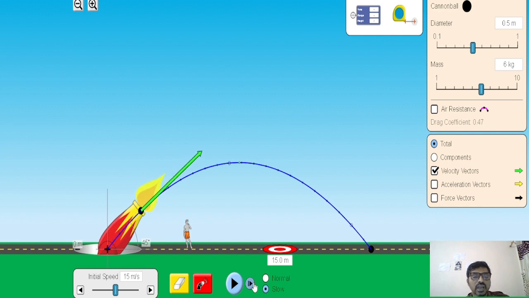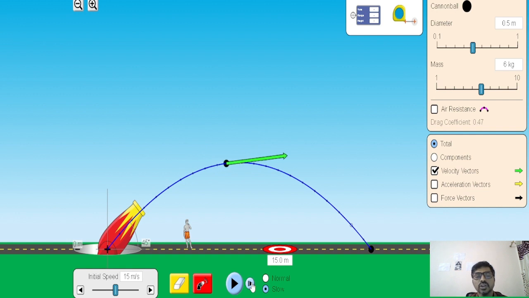At every moment the arrow is tangential to the path. So the velocity vector is always tangential to the path. That is one important aspect you should remember. The velocity vector is always tangential to the path. And you can see the length of the arrow is continuously decreasing as it is going up and turning clockwise. As it reaches the highest point, where is it reaching?